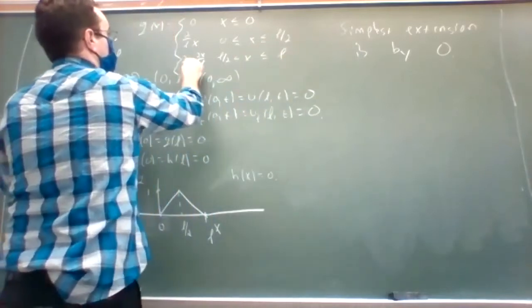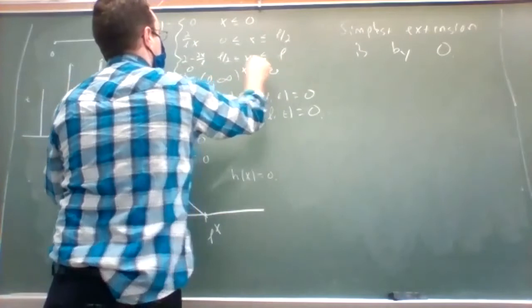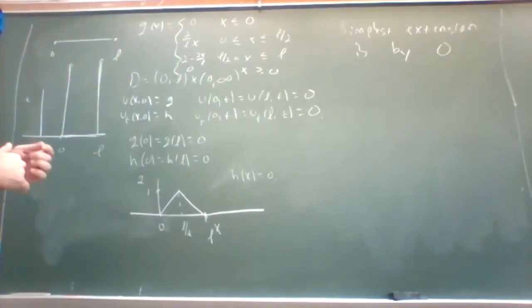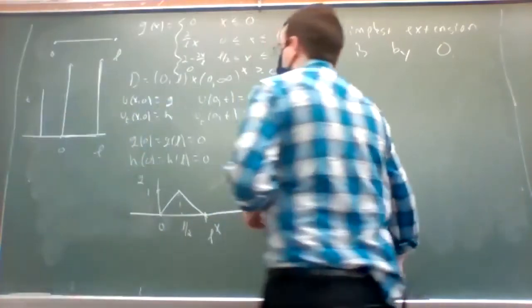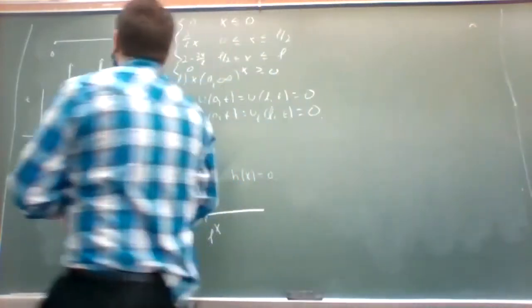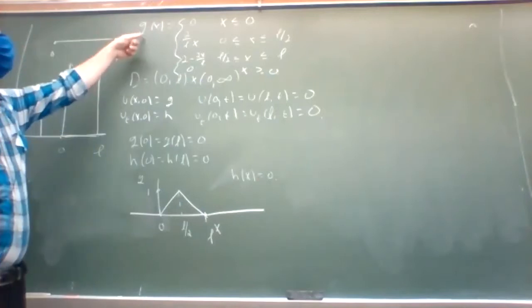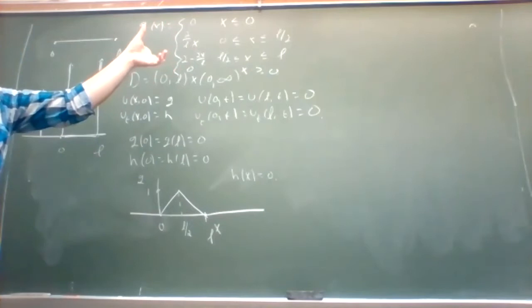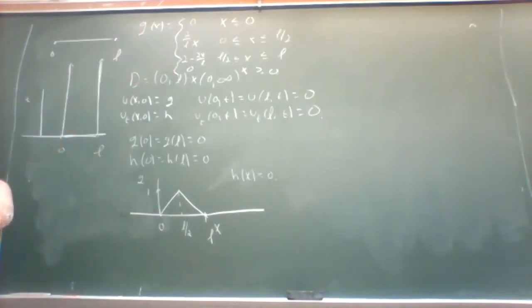And I'm running out of room, but after that, it's 0. So this is a piecewise defined function. It's quite simple to write down, and you can plug this into D'Alembert's solution to the wave equation. And remember that solution in this case is just g of x minus ct plus g of x plus ct, the entire thing divided by 2.